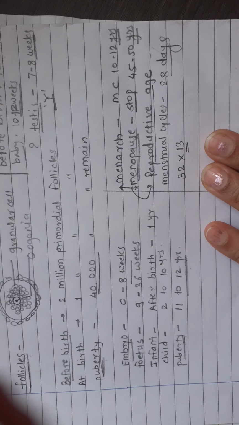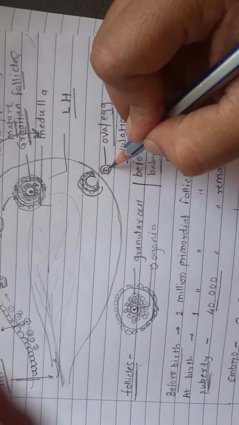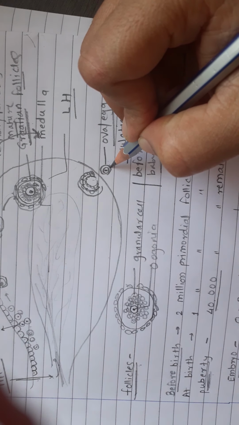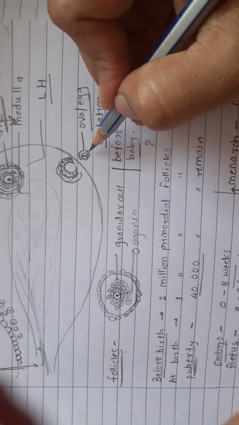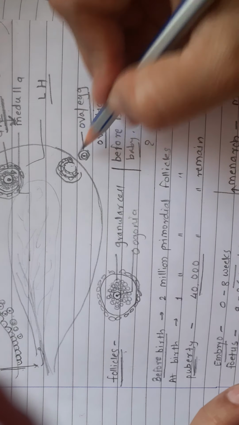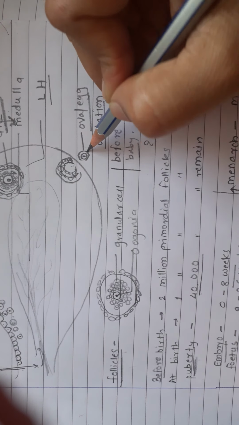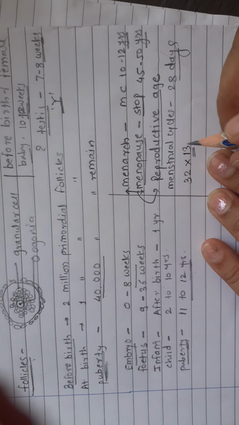In each menstrual cycle, one egg or ova is released, alternately from the left side or the right side. At every menstrual cycle, from a mature Graafian follicle, one egg or ova is released. So in 1 year, near about 13 eggs are released.